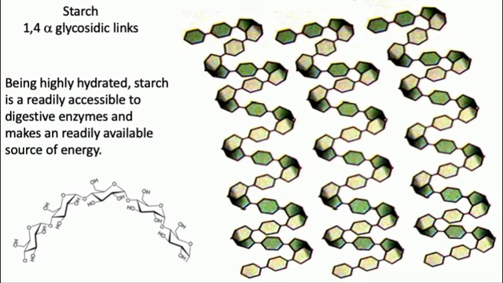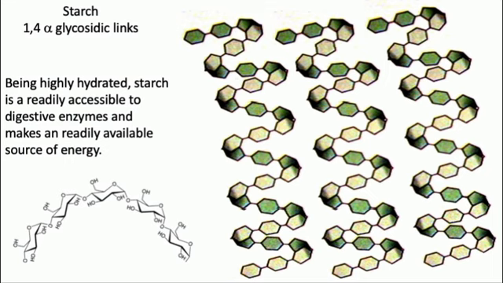In contrast to cellulose, starch, with its 1,4-alpha glycosidic links, has a kink for each glucose residue. It cannot form a straight line. Instead, it tends to loosely form into these helical structures, which are very floppy but can pack together, and they are therefore not useful structurally whatsoever.